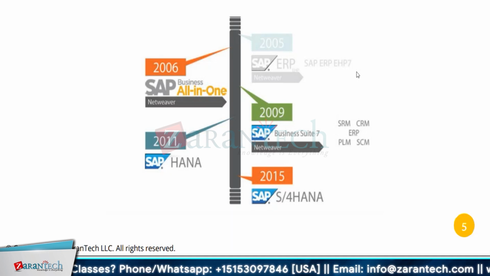Then it was finally 2011 where SAP HANA was launched. SAP HANA is entirely different from SAP S4HANA, which this training is all about. SAP HANA is an in-memory column-oriented relational database. It is a database management system which was the foundation for advanced analytics and applications.